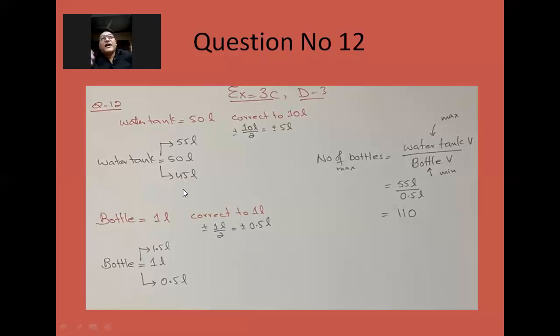So I hope that you will be able to do more questions on it, and on the limit of accuracy. You see this upper bound, lower bound, maximum, minimum thing, that frequently comes in the Cambridge exam. So this exercise is in chapter 3 of the D3. The name of the chapter is Inequality, and the name of the topic for this exercise 3C is limit of accuracy.